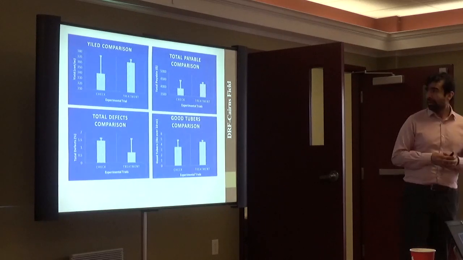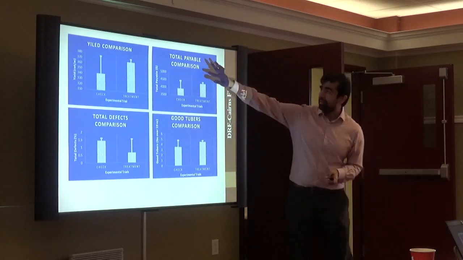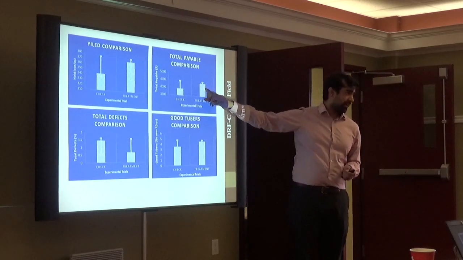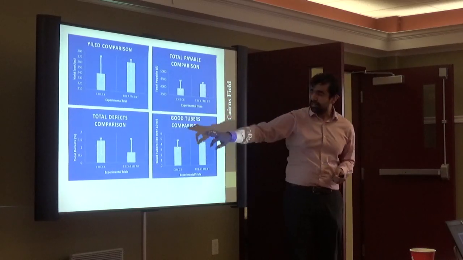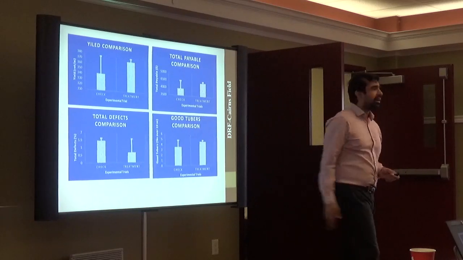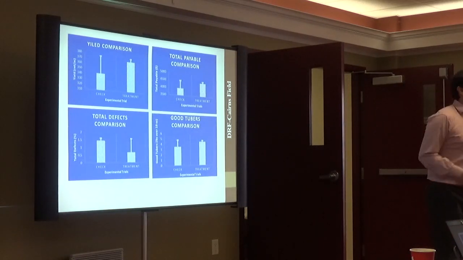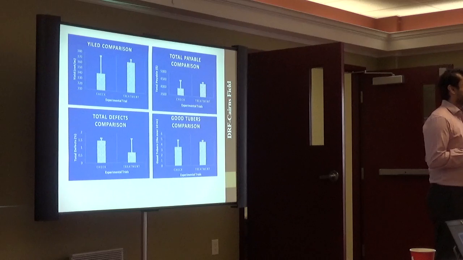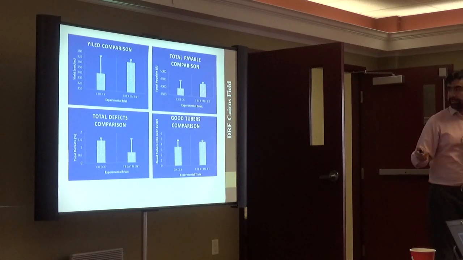Now when we look at the total payable, it was higher in the subsoil, and the good tubers were also higher. This was the trend we found, collected using the manual digs in the subsoil and non-subsoil areas.